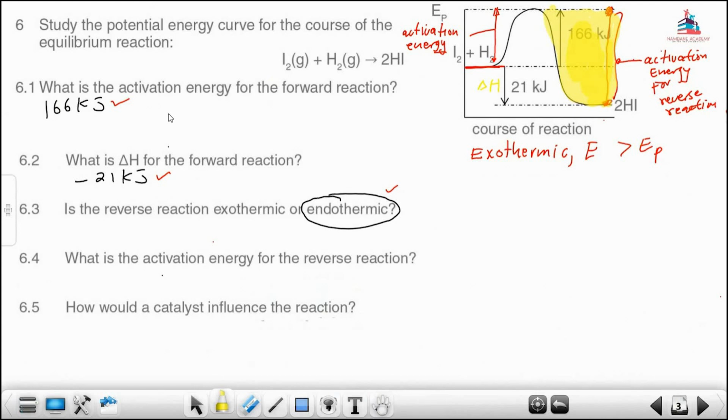I see that my energy starts at the energy of the products up to the energy of the activated complex. So how about I add 166 together with the 21.